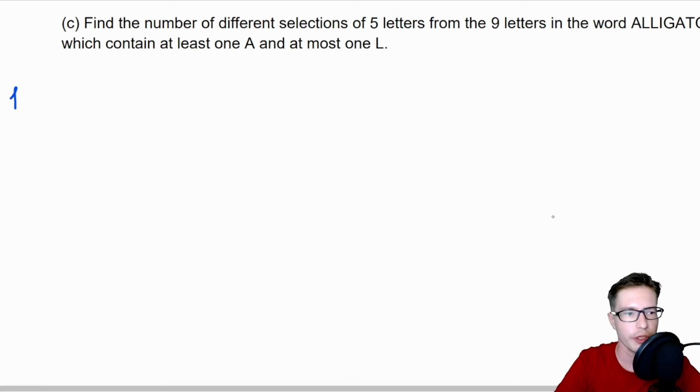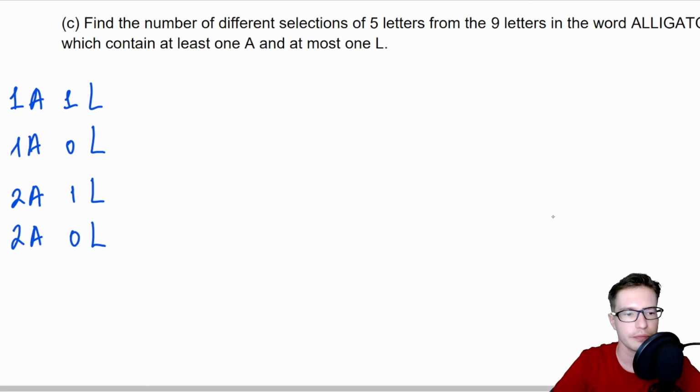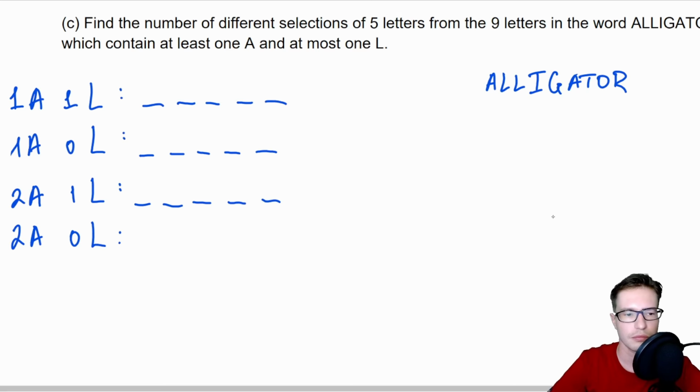Let's say first we can have one A and one L. Or we could have one A and 0 L. Or we can have 2 A's and 1 L. Or we can have 2 A's and 0 L. Okay, now let's consider all these cases separately.